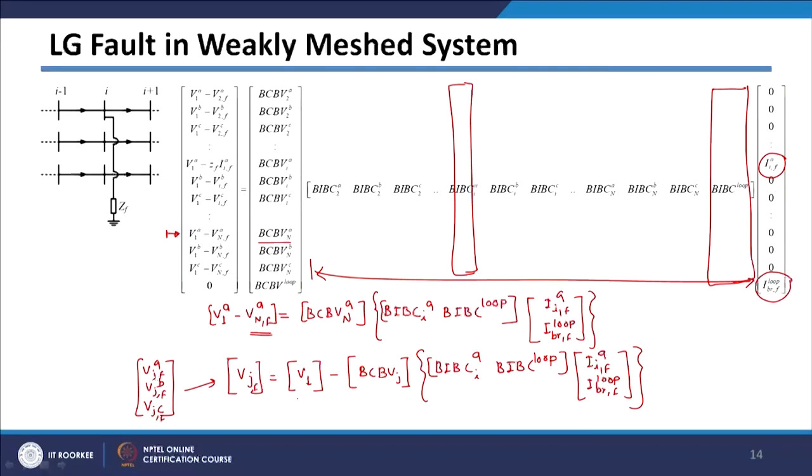So Vjf, and this we know is V1 of A phase, V1 of B phase and V1 of C phase, the 3 phase voltages of the first node, and this is BCBV of A phase, BCBV of B phase and BCBV of C phase. So this is how we can calculate post fault voltages of any 3 phase buses.